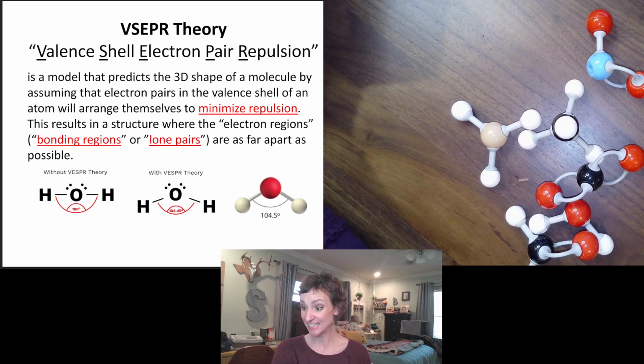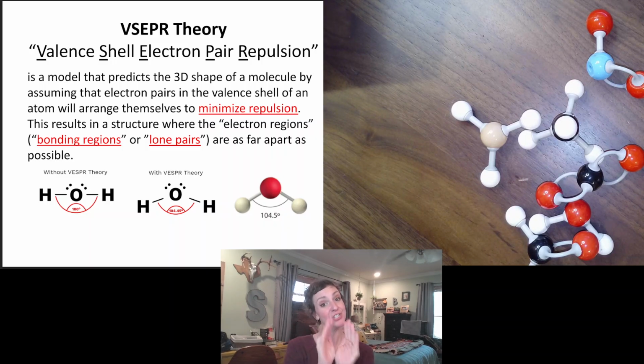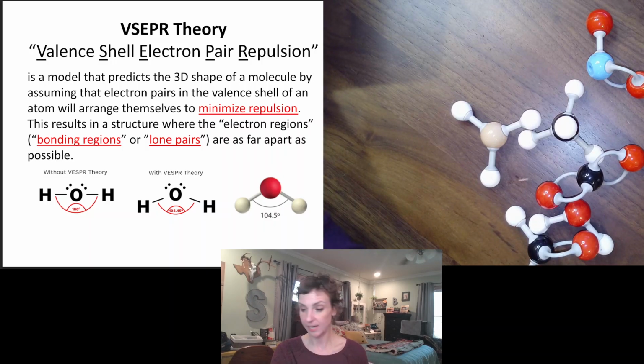Okay, so VSEPR theory. VSEPR stands for valence shell electron pair repulsion. And let's have this conversation real quick. I am not a great English student, but I do think I can read my letters in a row.